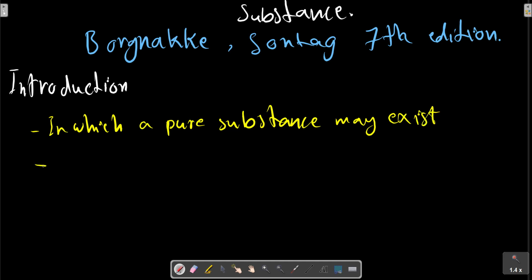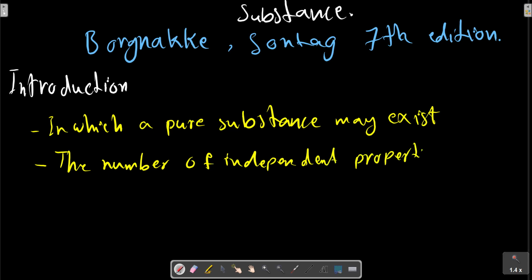The second one is the number of independent properties a pure substance may have.